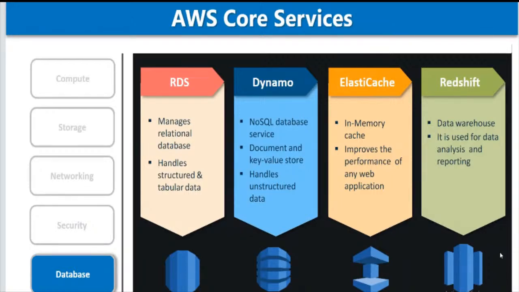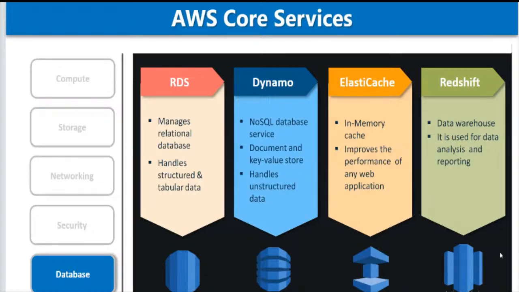And then we have DynamoDB, which acts like a NoSQL database service here. We can use document and key value store here, with multiple structures and data. DynamoDB is a NoSQL database service which is useful for storing unstructured data formats.